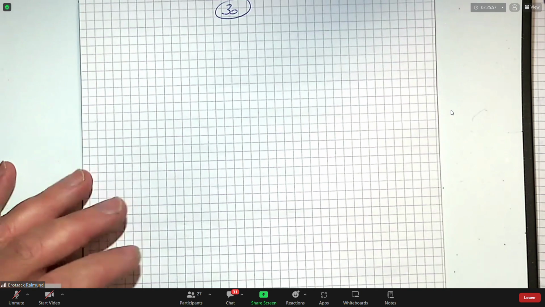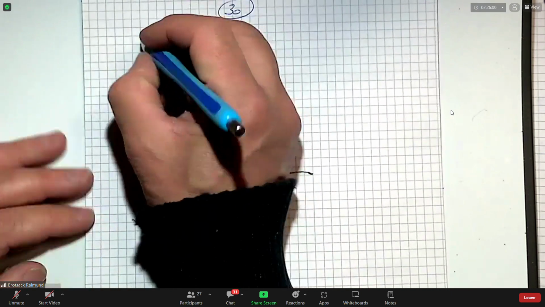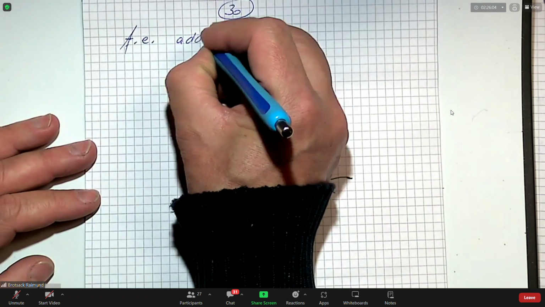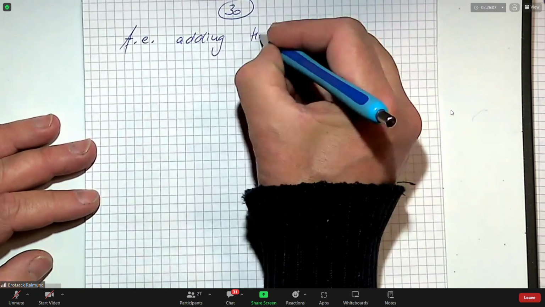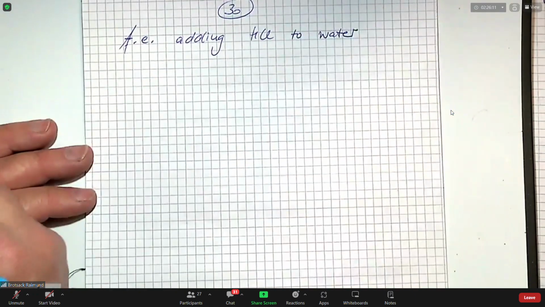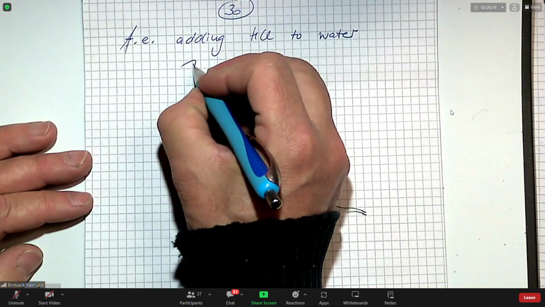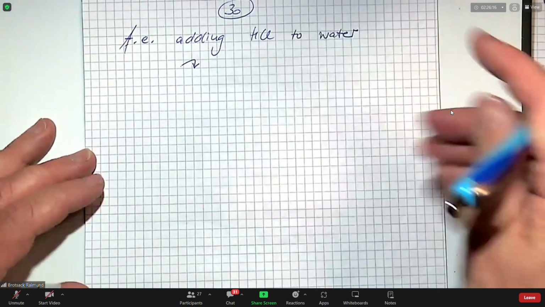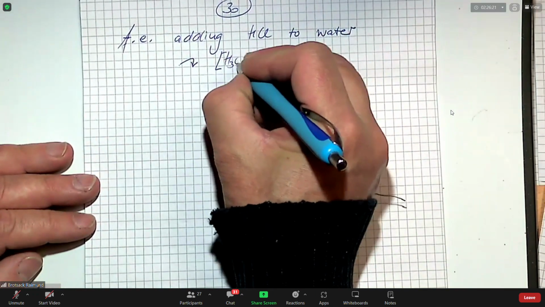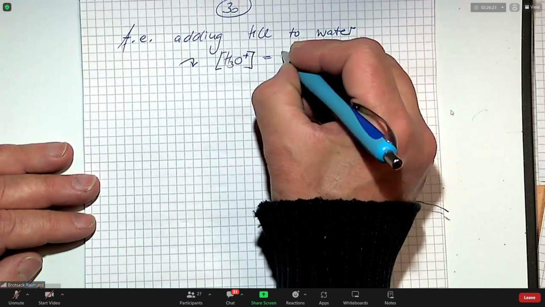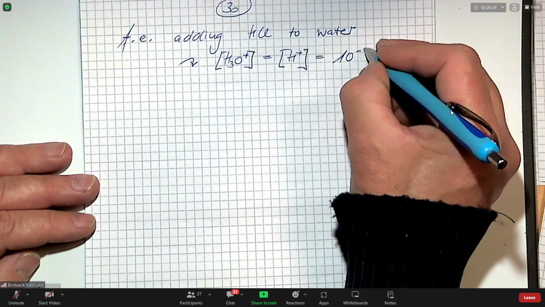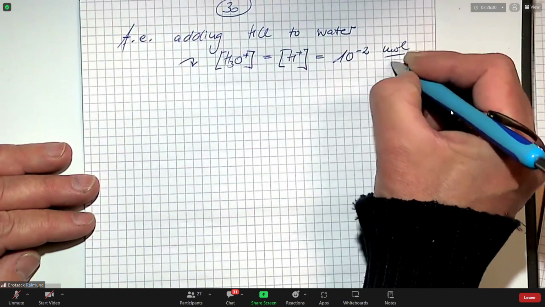For example, we now add HCl to water, leading to a concentration of H3O plus, equal to H plus, of, let's say, 10 to the power of minus 2 mole per liter.